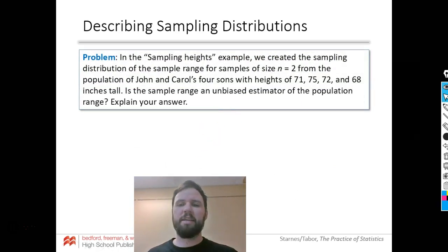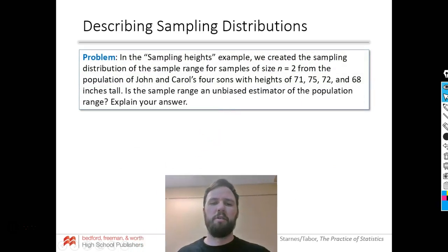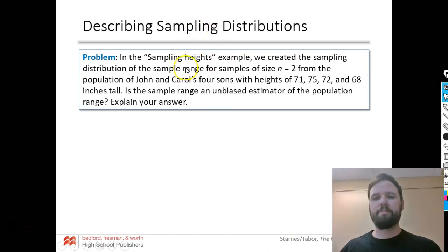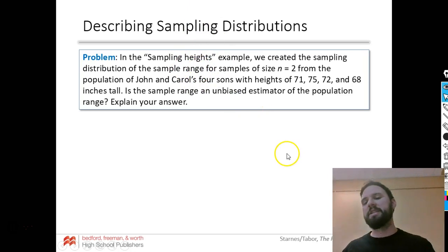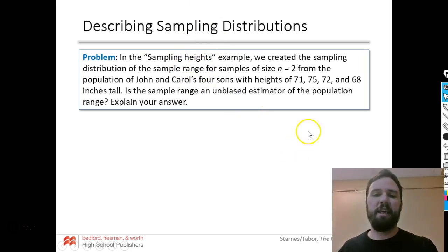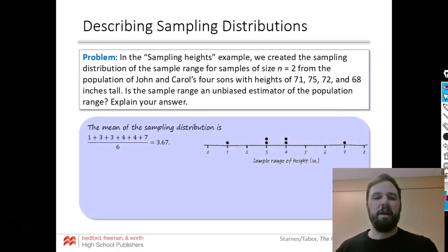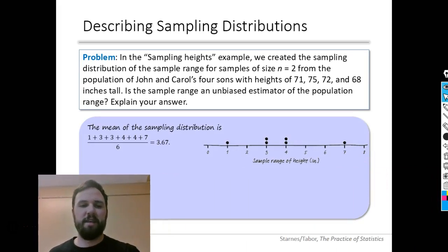So let's look at the height sampling question. Same John and Carol's 4 sons: 71, 75, 72, and 68 inches. Poor guy. So would this be unbiased? The mean of the sampling distribution was 3.67.